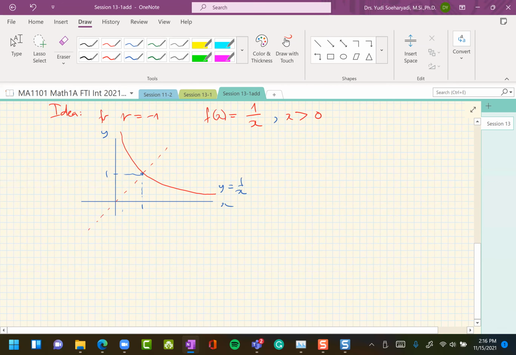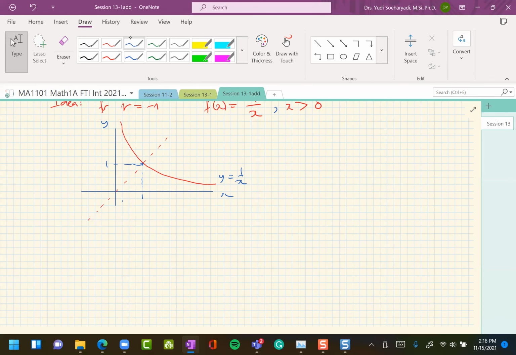Say we want to find the integral from 1 to, say, 5 of 1 over x dx.